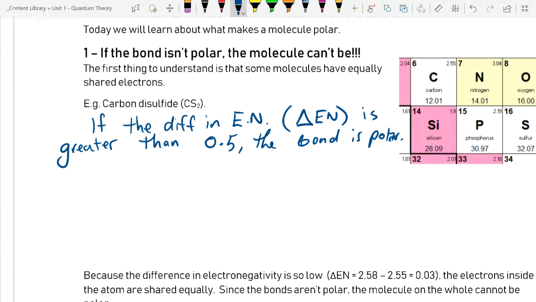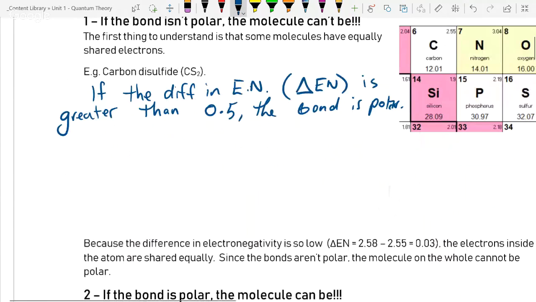With that in mind, let's take a look at carbon disulfide, CS2. So if I want to draw a Lewis structure of this, what's the first thing I do when I draw a Lewis structure? Sure, which in this case will be carbon, and it'll be surrounded by sulfur.